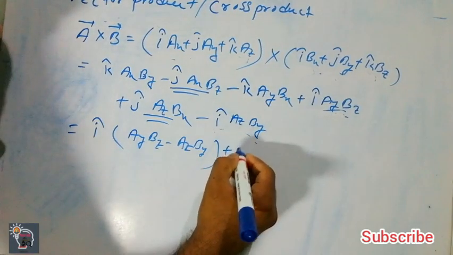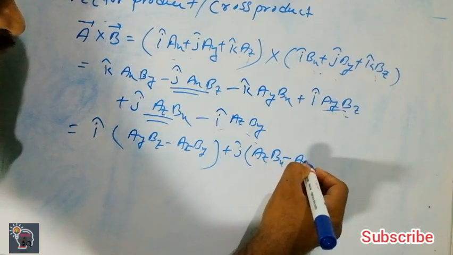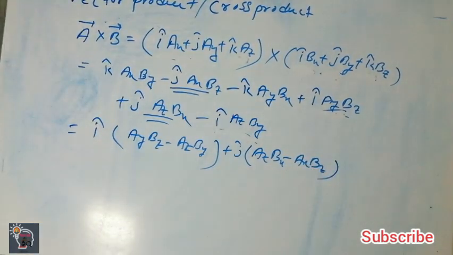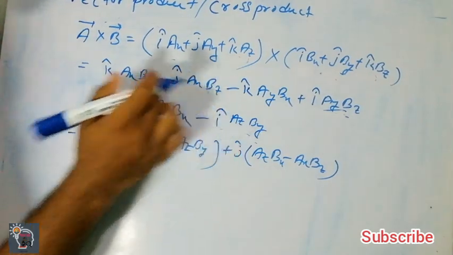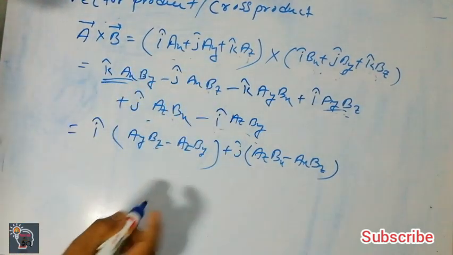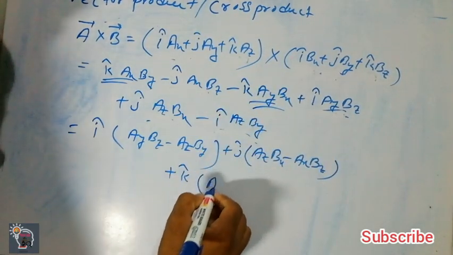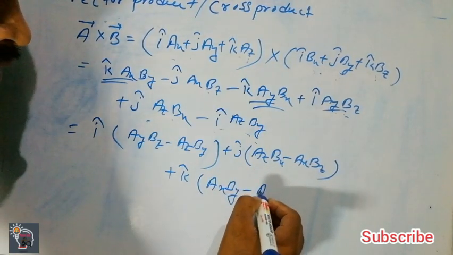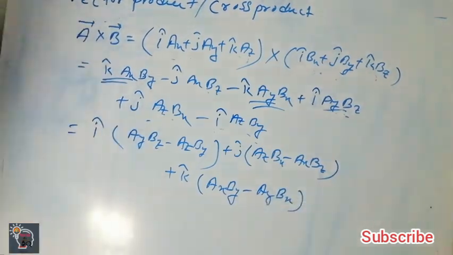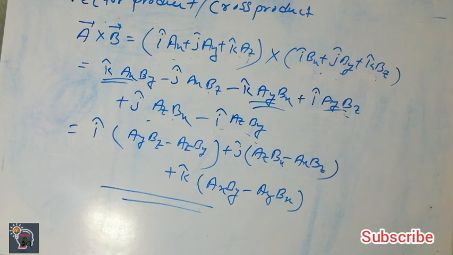So plus j cap (Az Bx minus Ax Bz). Again I have to take common k cap, here is one k cap and another one k cap is here. So plus k cap (Ax By minus Ay Bx). This is the result of the vector product of two vectors.